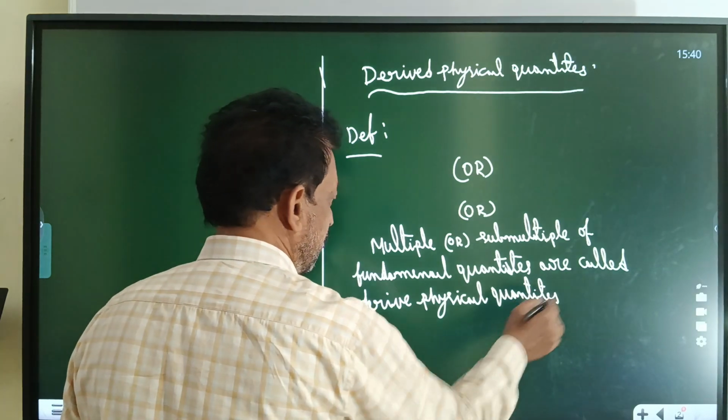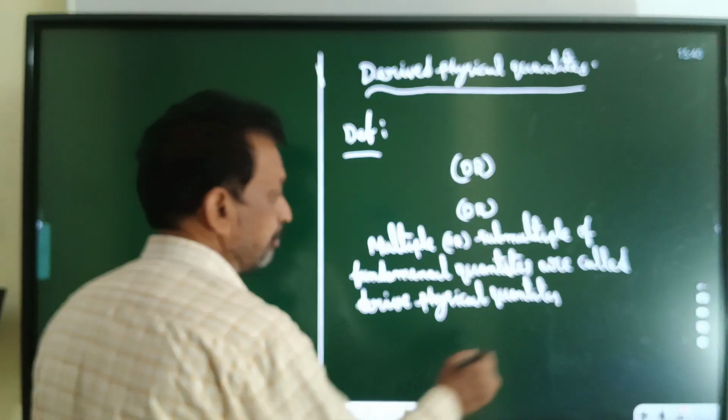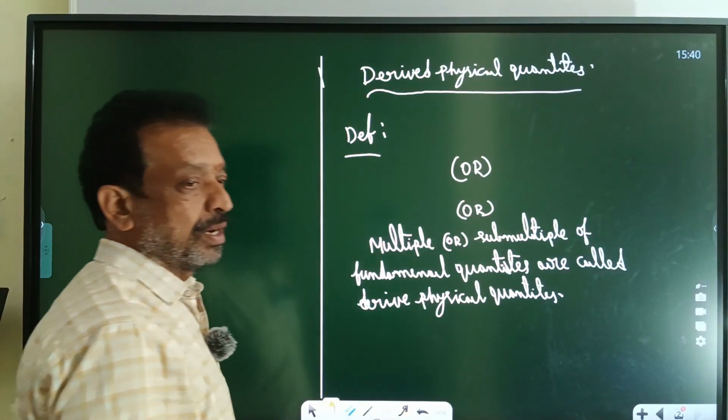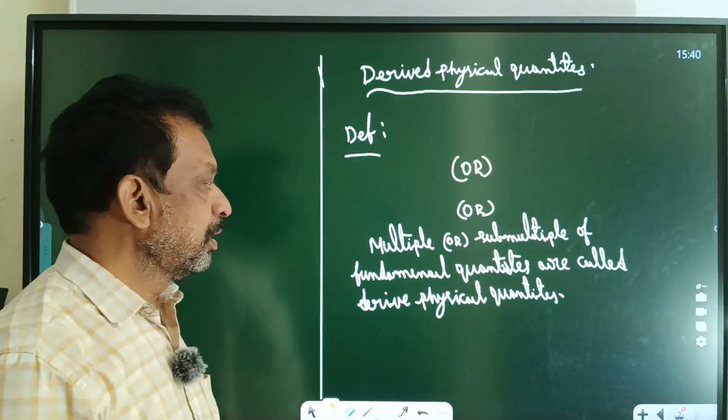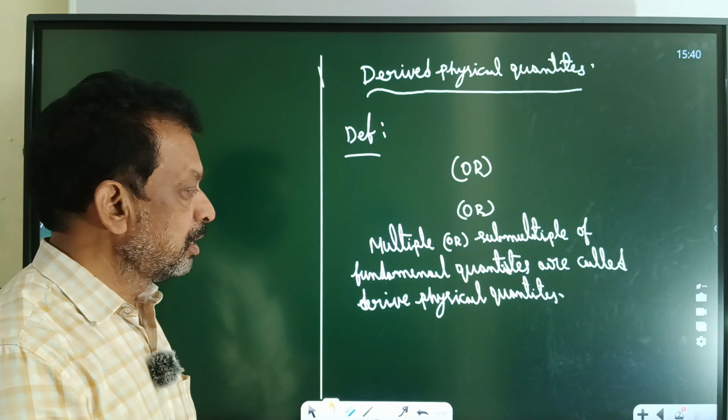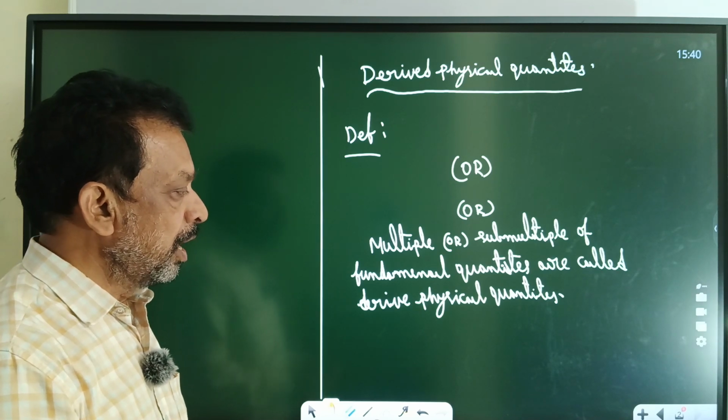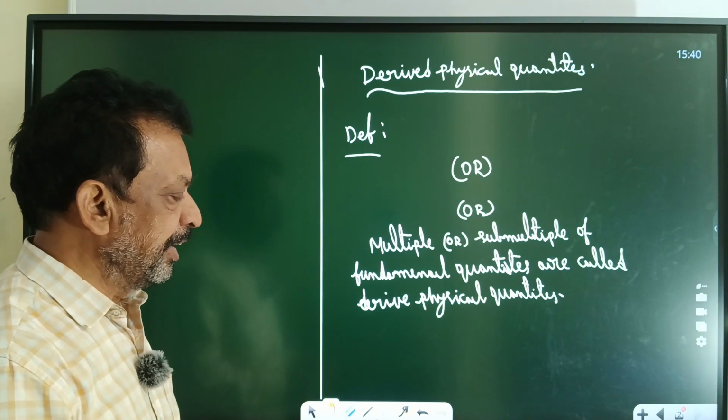There are n number of derived quantities.